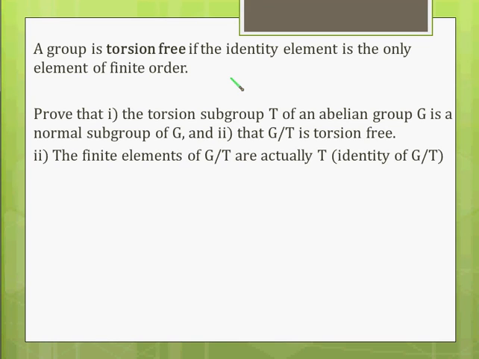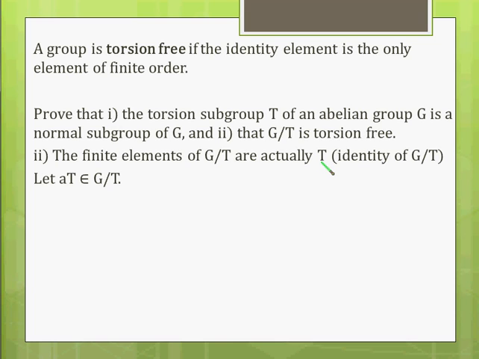So another way of saying that is if there's an element that's of finite order, then it's actually the identity. It's just another way of saying it, and that's how we're going to prove it. Could have proven it by contradiction or whatever, and you can do that, it's fine, but this is the way I chose to do it. I think it's simplest, and I can do it all in one slide.